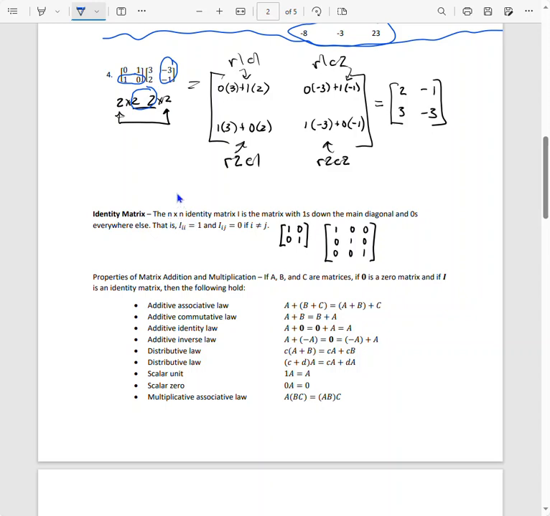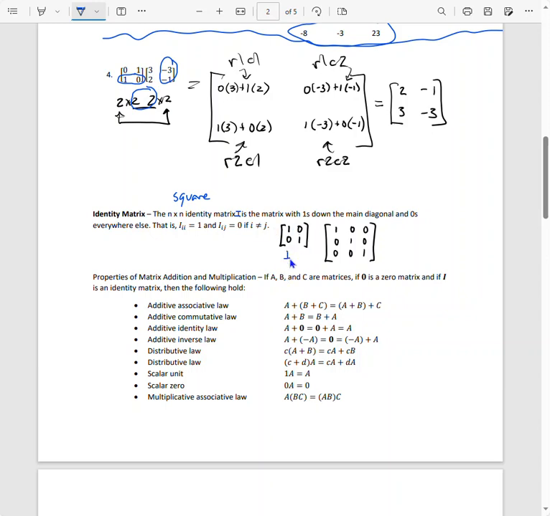This is a square matrix because the rows and columns match. The n by n identity matrix I is the matrix with ones down the diagonal and zeros everywhere else. That is, capital I of ii equals 1, and capital I of ij, where i does not equal j, is 0.